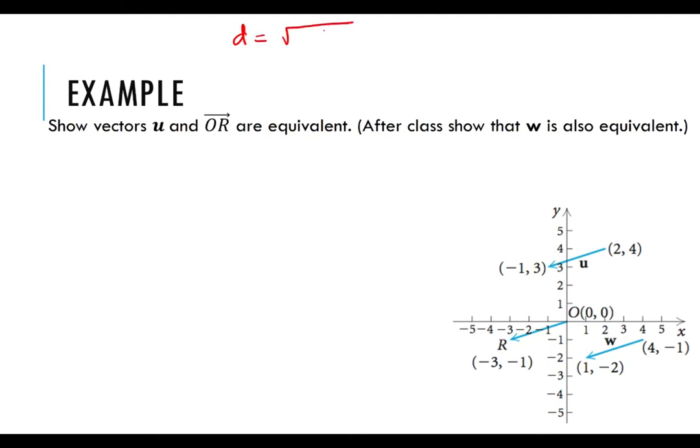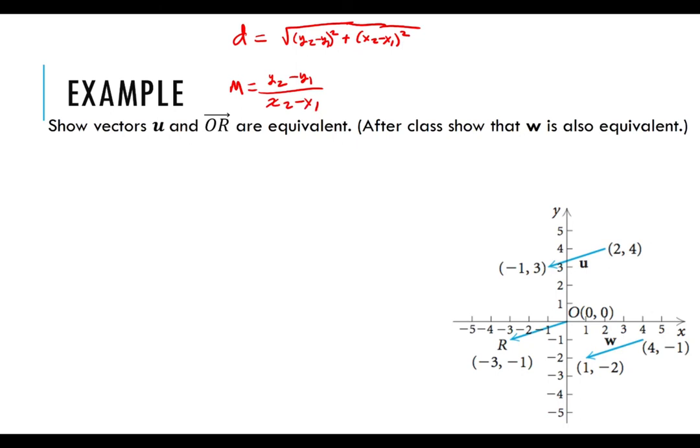Specifically, the distance formula is the square root of y sub 2 minus y sub 1 quantity squared plus x sub 2 minus x sub 1 quantity squared. And if I'm trying to figure out direction, well, because we're on a plane and we just have ordered pairs, I claim that we can figure out direction using slope. Recall that the slope is y sub 2 minus y sub 1 over x sub 2 minus x sub 1.